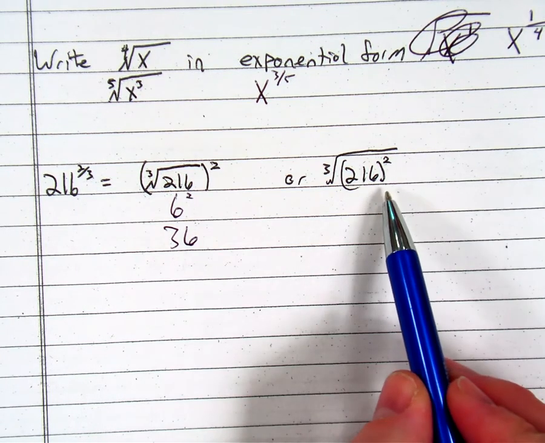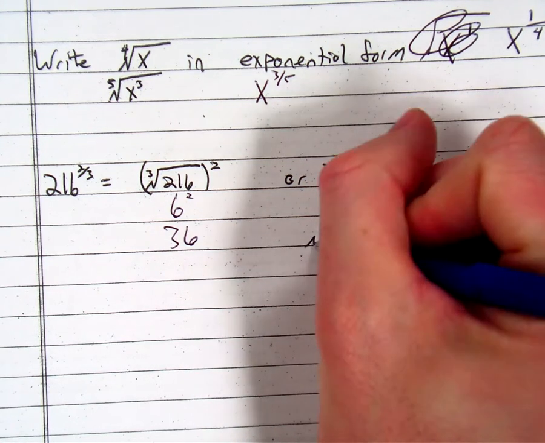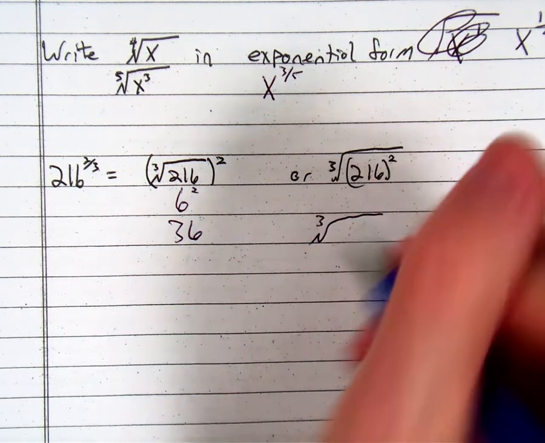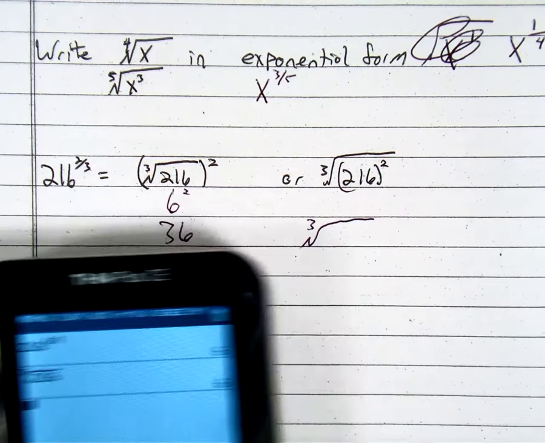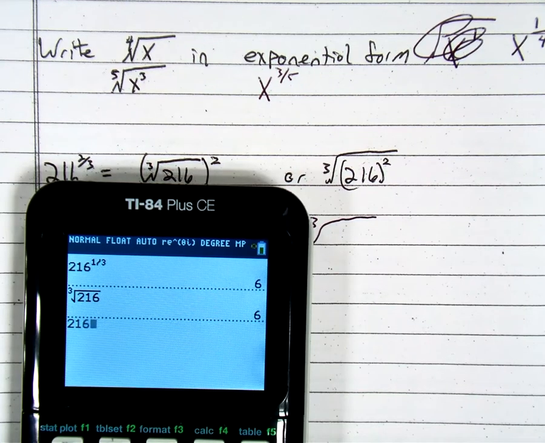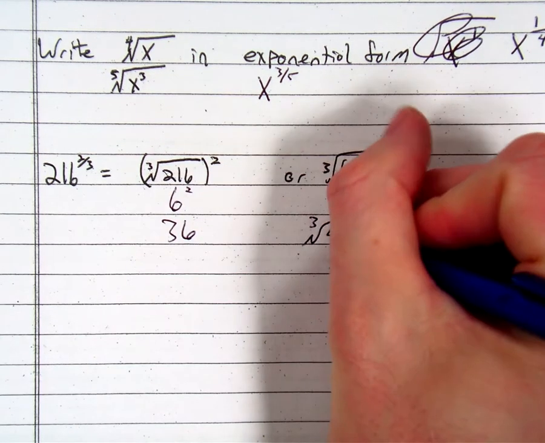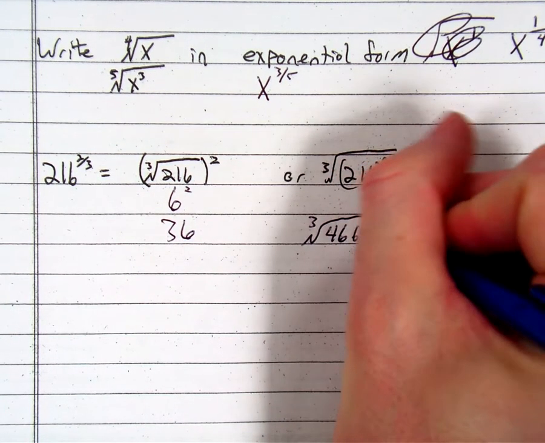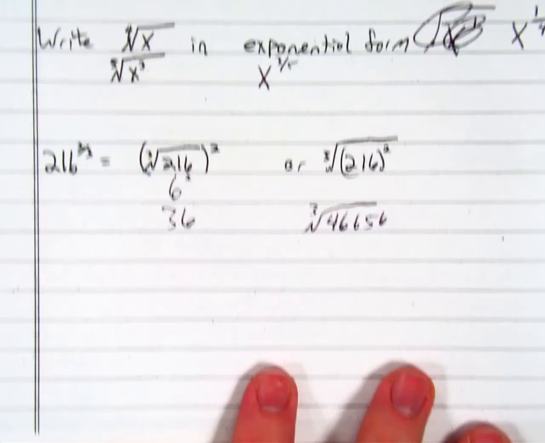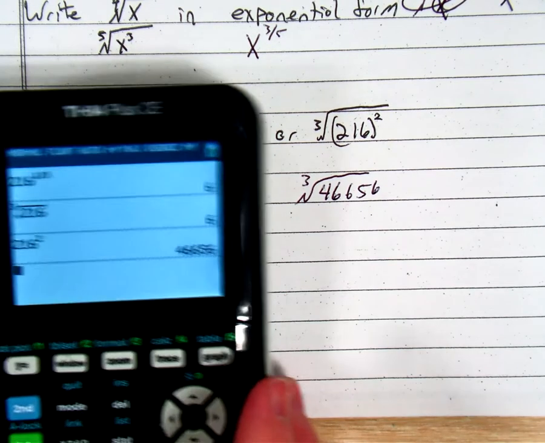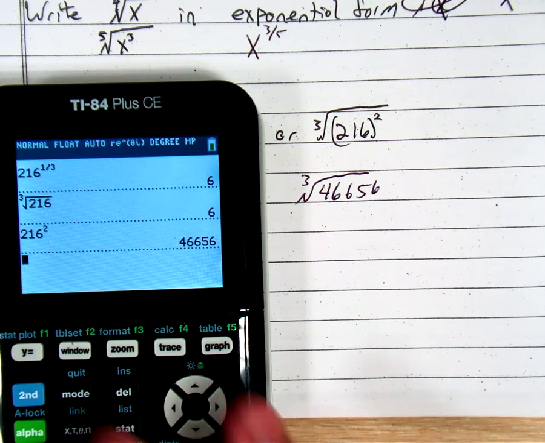Okay? What if we do it this way? 216 squared. Well, that's going to be big. 46,656. And then you're looking at that like, whoa, how am I going to do the cube root? That's a big number.